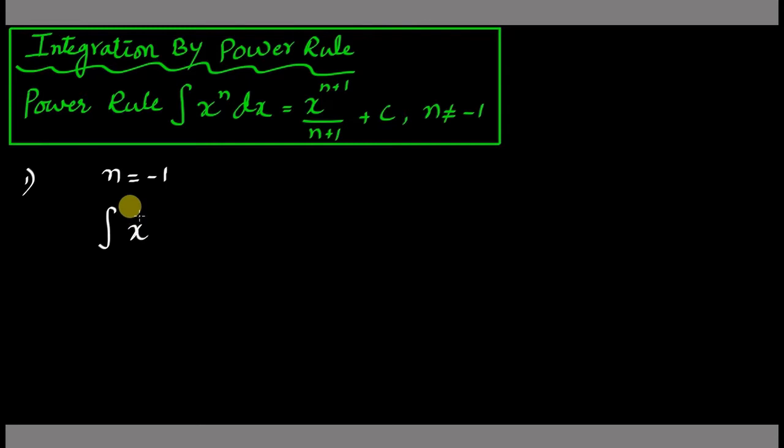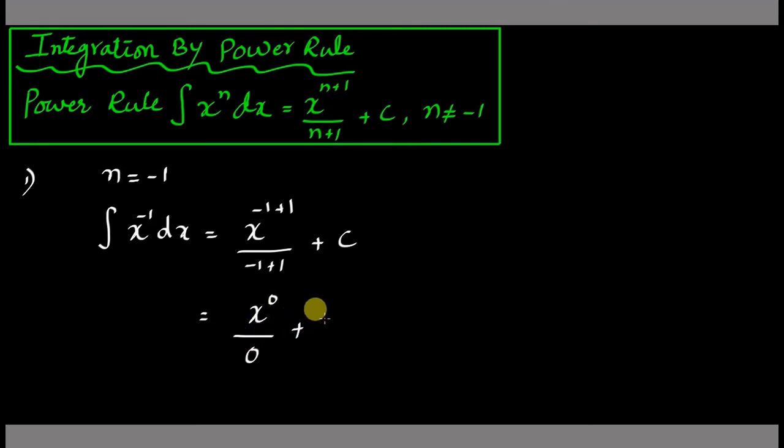If we choose n equal to minus 1, what will happen? Minus 1 plus 1 over minus 1 plus 1, plus c. After simplification, the denominator will create a problem for us, because in this way the overall answer will go to infinity, and every indefinite integral always has some answer in terms of a function.